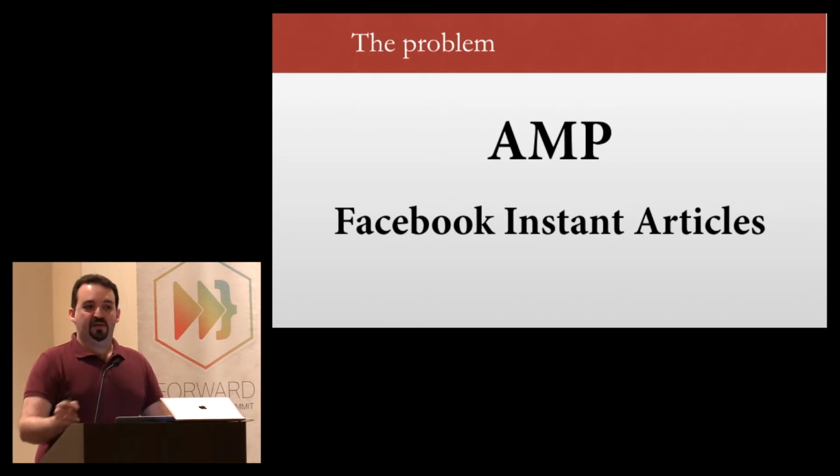It's a subset of HTML5. It won't let you do what you're doing right now, it won't even let you use IMG. So you need to use an AMP-IMG tag. It's a set of components that you can use to maximize performance on mobile devices, because we do have a problem, okay? So that's why we have AMP.